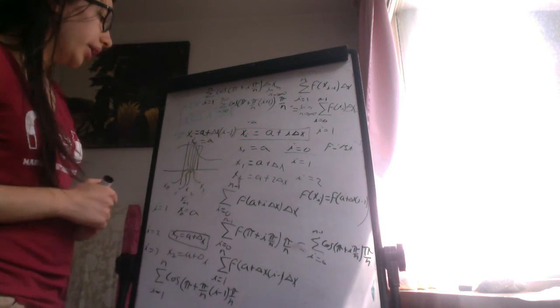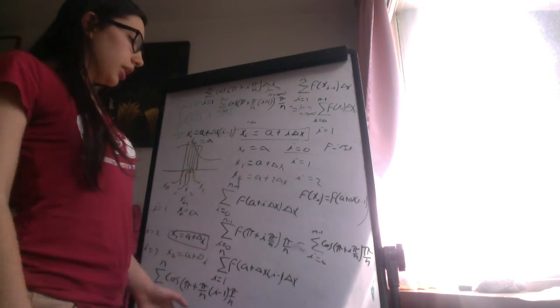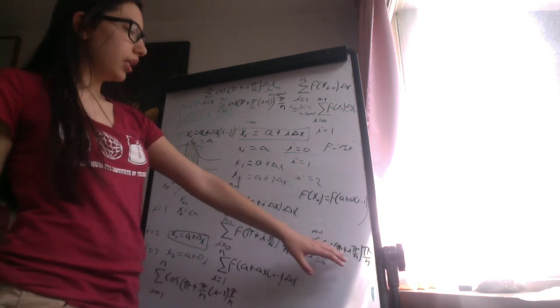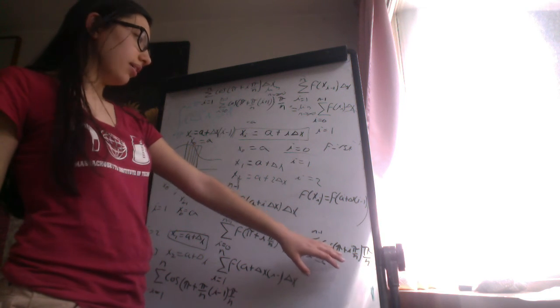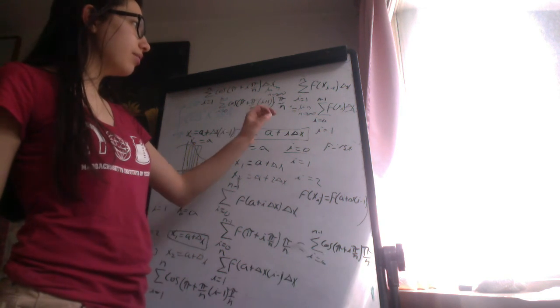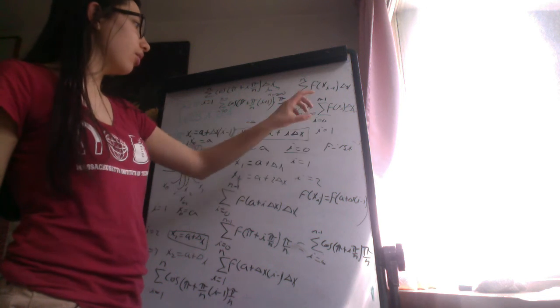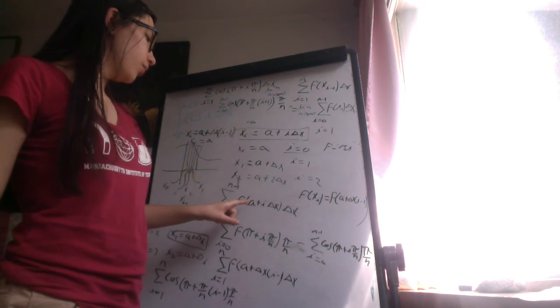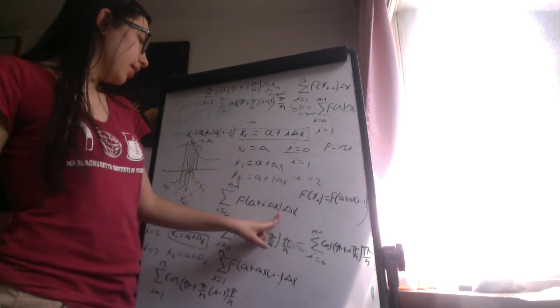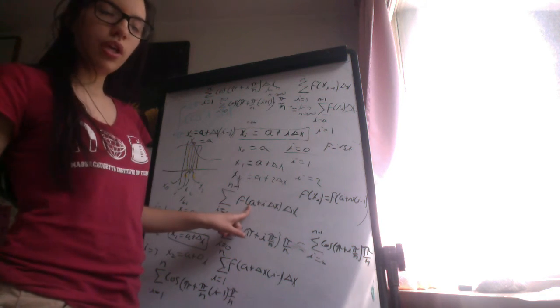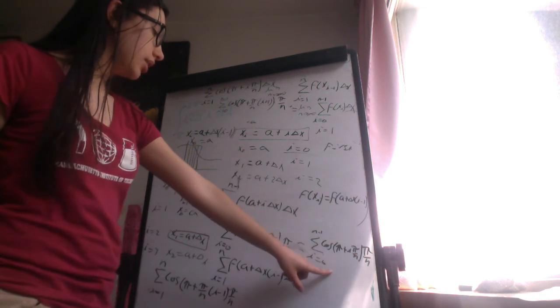So comparing, remember that I told you that the traditional way was when we just have here i. So when we have f of x sub i, or if you want to see it, f of just a plus i dx. Yes, here we have a plus i dx. This is this one.